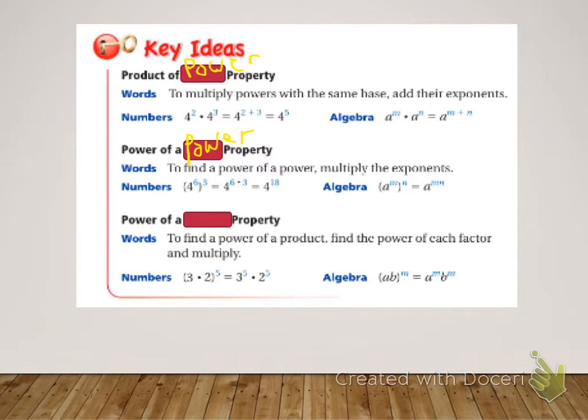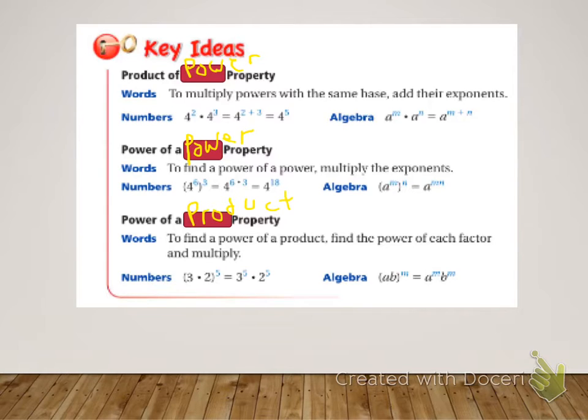And then the final one is the power of a product property. That's when you're going to find the power of a product. A product is two numbers that are being multiplied together. So to find the power of each factor and multiply. If you have 3 times 2 inside the parentheses raised to the fifth power, it's 3 to the fifth times 2 to the fifth.